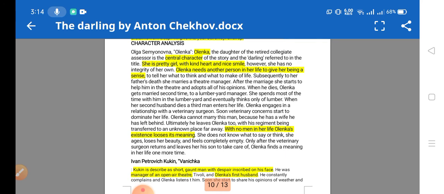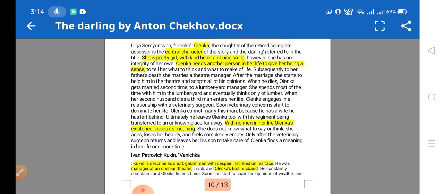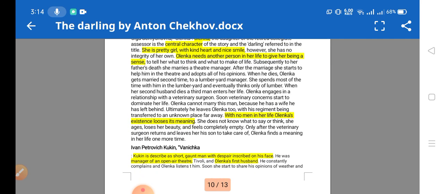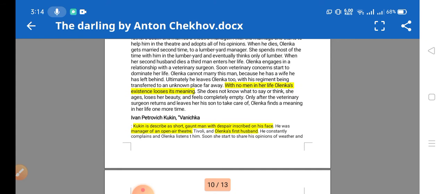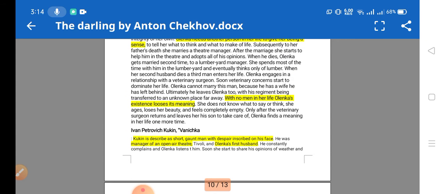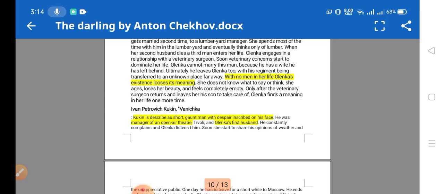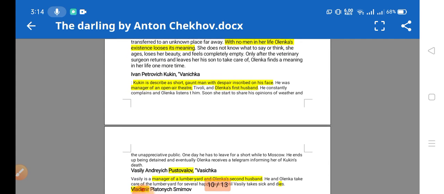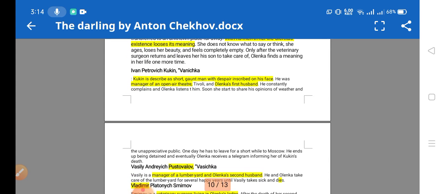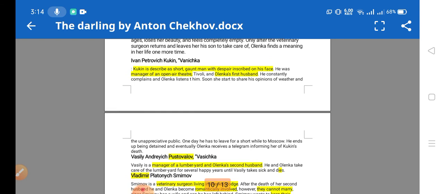She has no opinions of her own, and she cannot live without being loved or in love. Without a man in her life, Olenka's existence loses its meaning. So this is the character sketch of Olenka, and we'll move to Kukin, the first husband of Olenka.